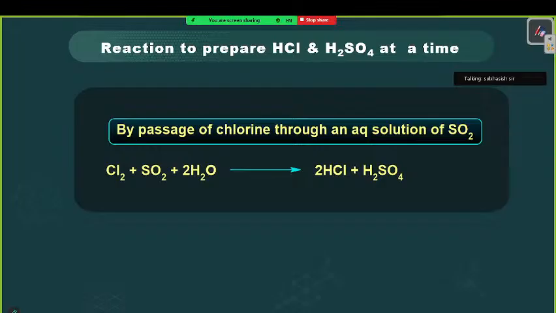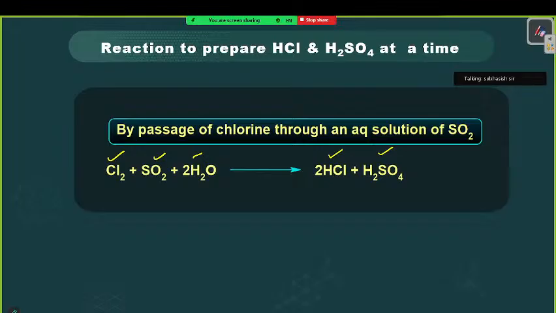Here chlorine gas is passed through an aqueous solution of sulfur dioxide. Both hydrochloric acid and sulfuric acid are formed in the same reaction. So it is a very important reaction, where both acids are very important acids in the laboratory.